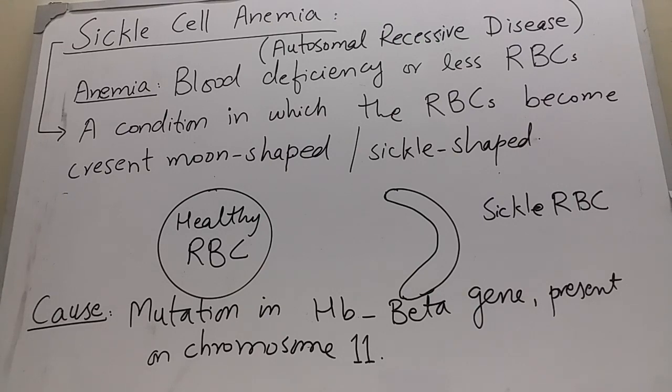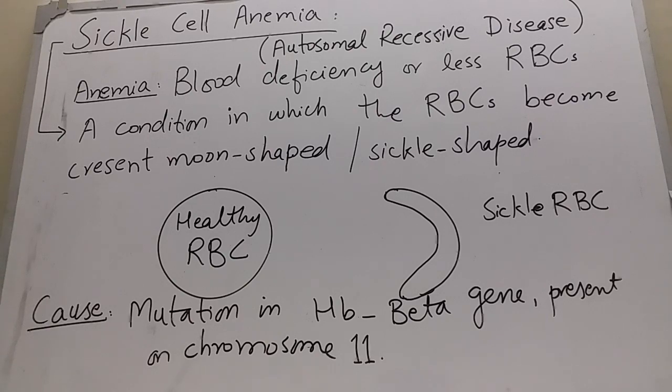Next is the cause of sickle cell anemia. At the start, I told you it is an autosomal recessive disease, or we can say a genetic disease. Its cause is a gene mutation in the hemoglobin beta gene. I have written HB. HB means hemoglobin.